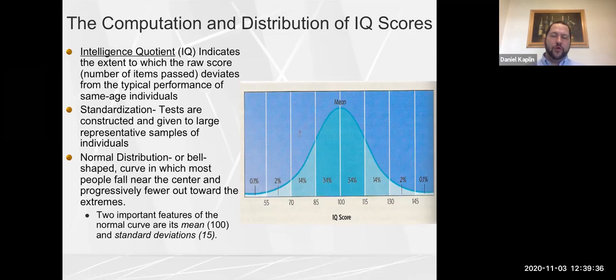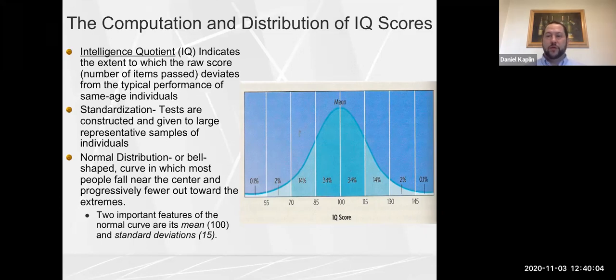And in order to be atypical, and the word atypical is not necessarily a bad thing, you could be atypical in a good way too, you need to be 2 standard deviations away from the mean. If you are 2 standard deviations above the mean, that would be an IQ of 130 or above.